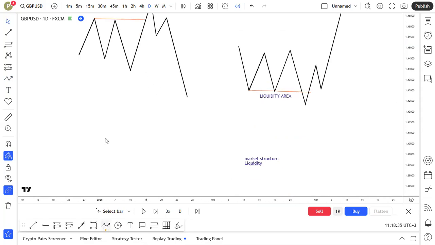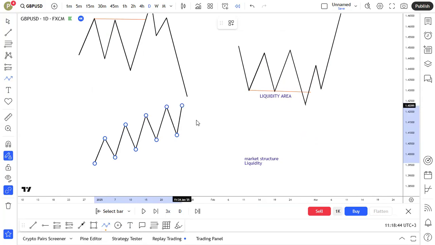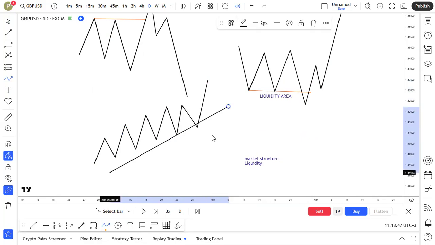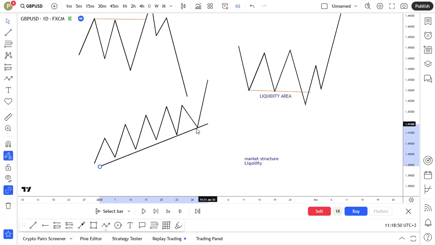Another example is trend lines. If you see price creating these trend lines, don't always be trapped by these structures. It is always very dangerous trading these trend lines like that.